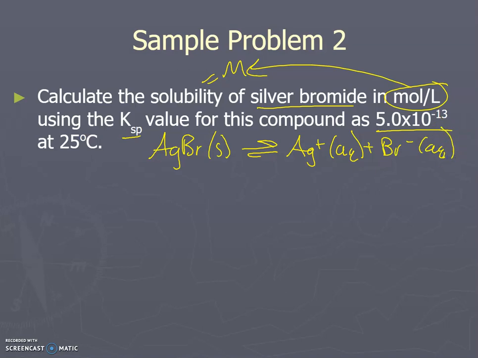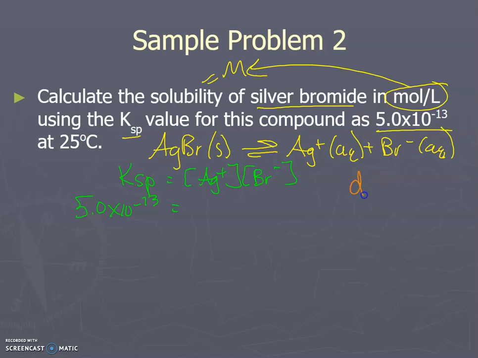So what's my Ksp expression for this? My Ksp expression is going to be the concentration of Ag plus times the concentration of Br minus. Well, if my Ksp value is 5.0 times 10 to the negative 13th, what are these guys going to be? Well, my dissociation factor is 2, correct?